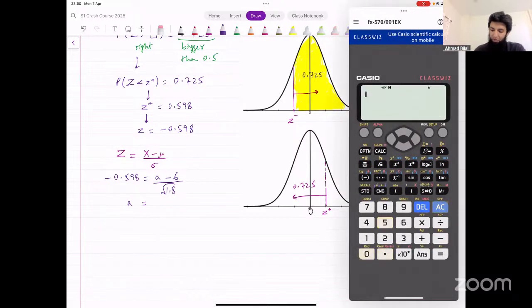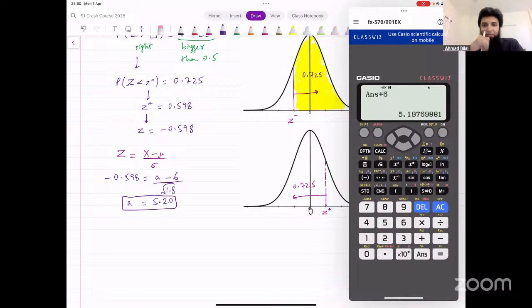Minus 0.598 times 1.8, and then you add 6 to that. The value of a turns out to be 5.1976. That's 5.20 to 3 significant figures. That's the value of a that we had to find here.